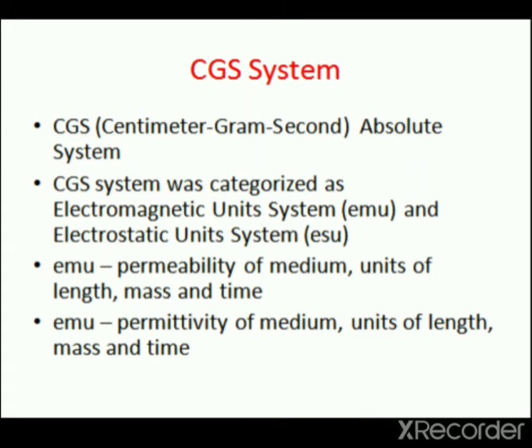Among the CGS unit systems, the electromagnetic unit system is more convenient. Sorry, here ESU should be there.